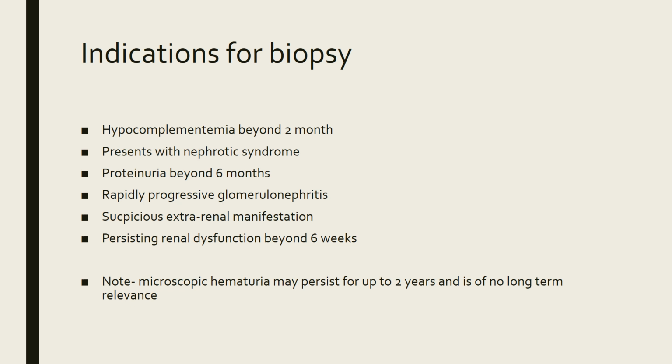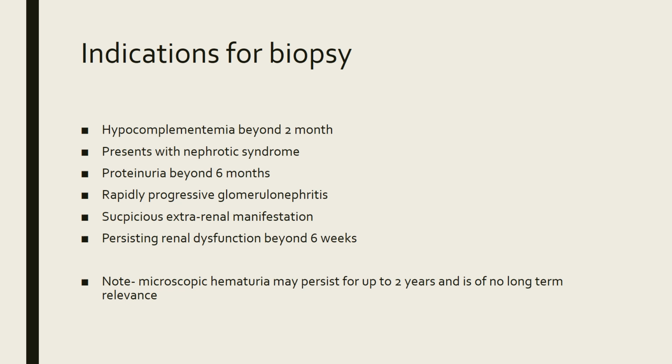It's an emergency. It's a nephrological emergency, and there are a myriad of other things apart from post-strep glomerulonephritis that can cause it, and it has a specific histopathological picture known as crescentic glomerulonephritis. So you would need to do a biopsy.